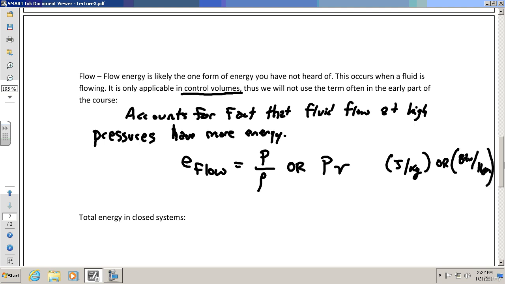For incompressible fluids, yes, you can still have that for incompressible fluids, because you can still pump them up to higher pressure.